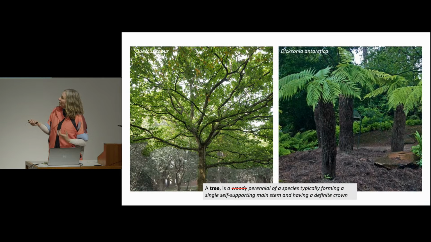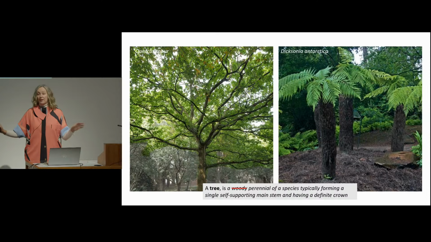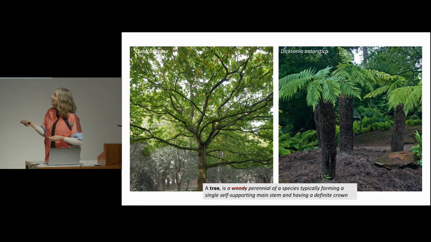So the definition of trees I'm going to take is actually a functional one. So a tree, what is the purpose of a tree? Well, the main purpose of a tree is to beat your neighbors, to get bigger so that you can reproduce better. So you can spread your pollen and spores and seeds and make sure the next generation survives.